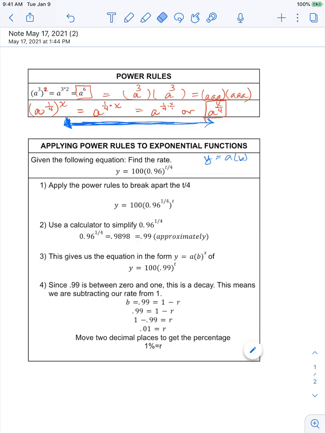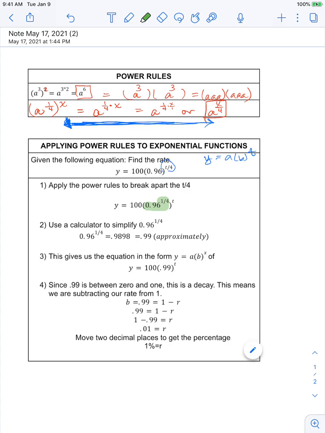I'm going to change this to t because our equation says t this time. So some a times b to the t, and my t has something else with it, so I've got to deal with that. So I'm going to take my t over 4 and I'm going to go in this direction and go back to being like this. And when I do that, I end up with this 1/4 to the t right here. And that makes it so that I can deal with just this part right here and simplify that.